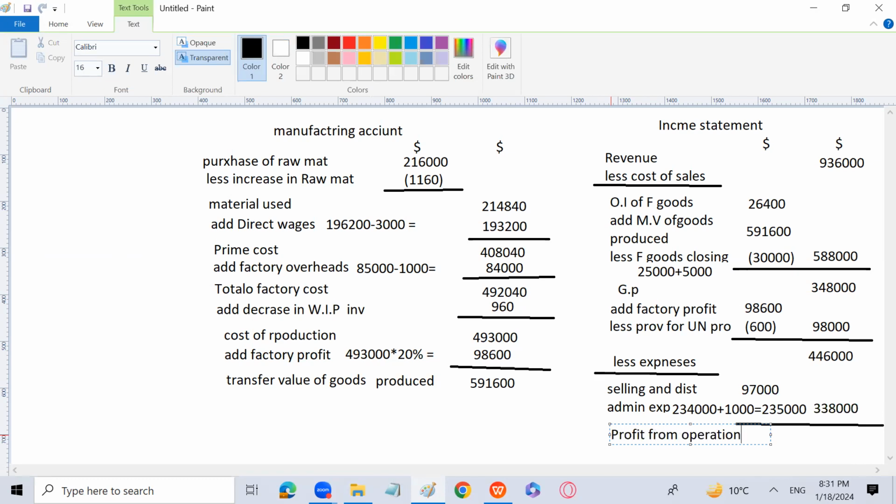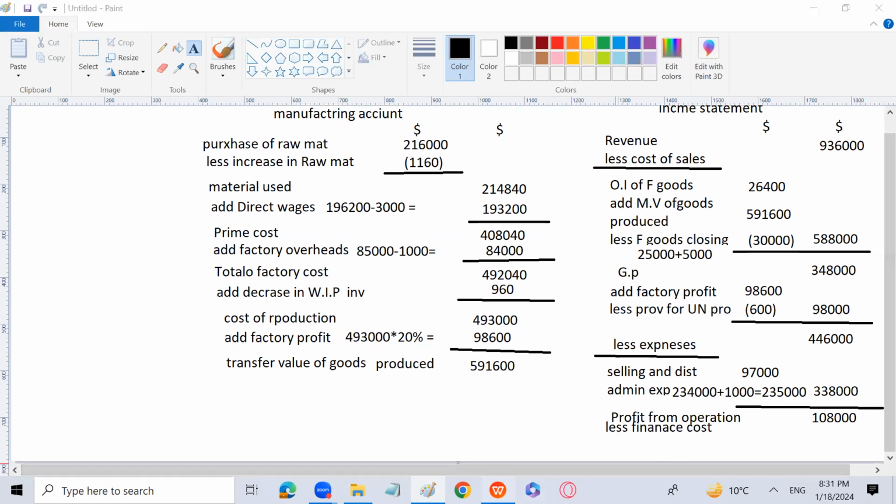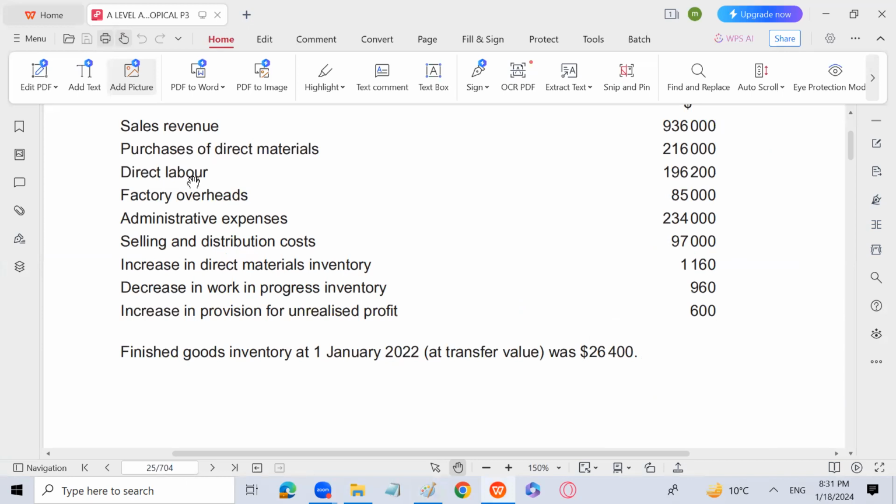So how much will be there? 446,000 minus 338,000 will be 1,08,000. Now I am going to subtract interest cost. Normally we use finance cost, but you may use interest cost also, it doesn't make any difference. Is interest cost given over here?